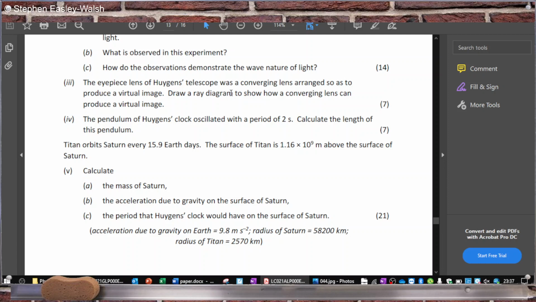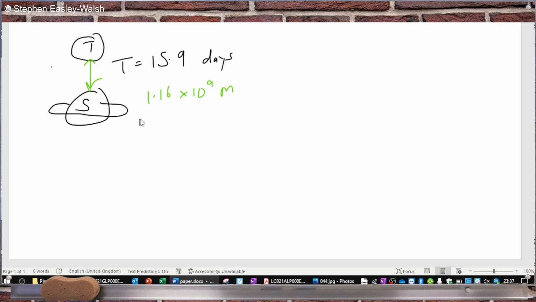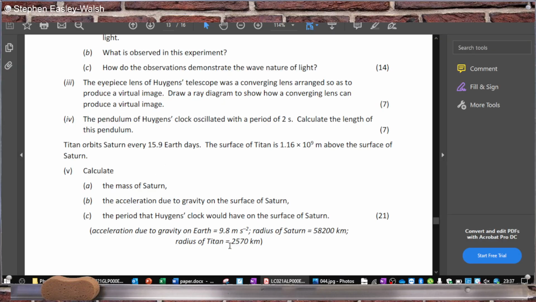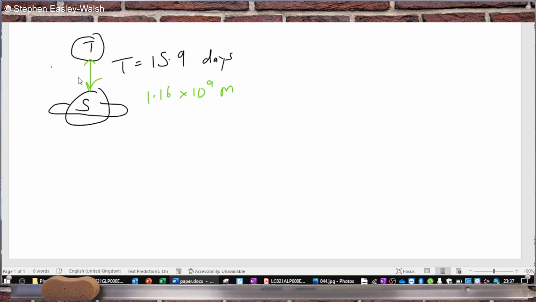Now, I'm not sure why they did this. The surface of Titan above the surface of Saturn. Did they mean to? Oh no, yeah, it's hidden down the bottom here, and you're given the radius of Saturn, and you're given the radius of Titan. So that's the distance between the surfaces, but I'll just call it small d.